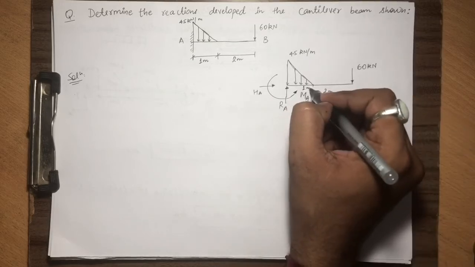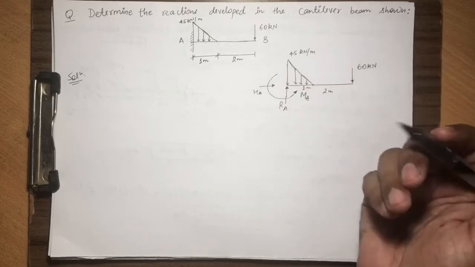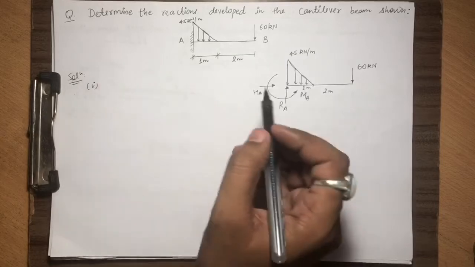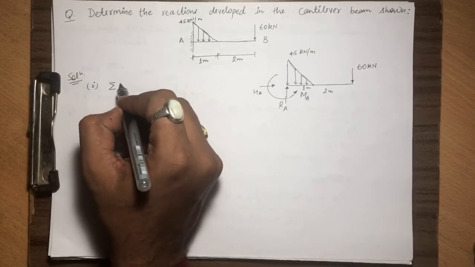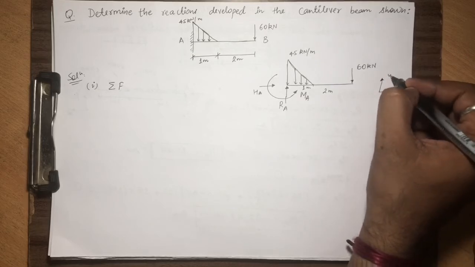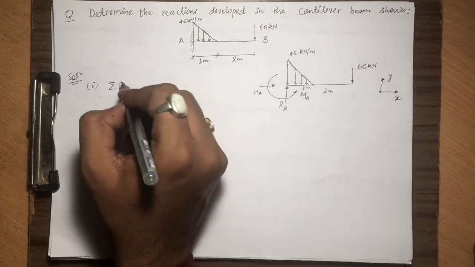This is 1 meter. Again 3 unknowns, we are having 3 equations. So equation number 1, summation. This is x, this is y, and the plane perpendicular to this is z.